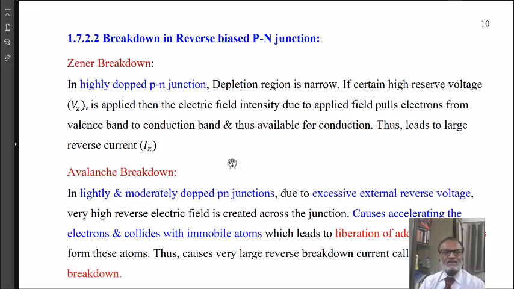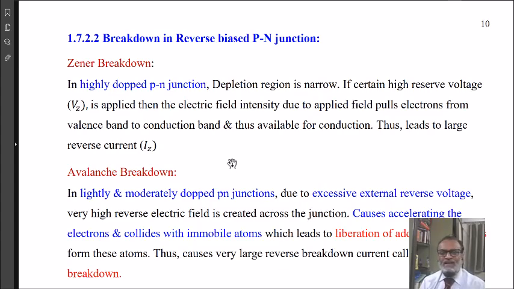Whereas in certain diodes with high doping density, there are a large number of charged particles available, and these charged particles are very loosely tied to the nucleus of their atoms.